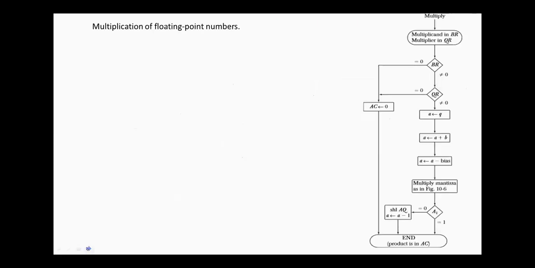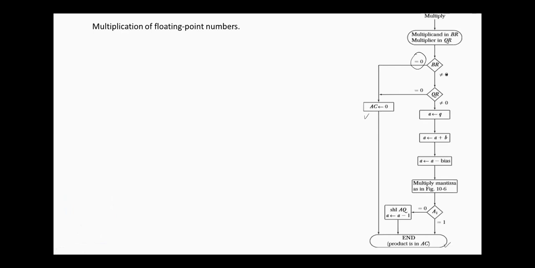Here we have the hardware flowchart for multiplication of floating point numbers. Multiplicand is in BR register, multiplier in QR. We check if BR is 0, then the product is 0, and we are done.